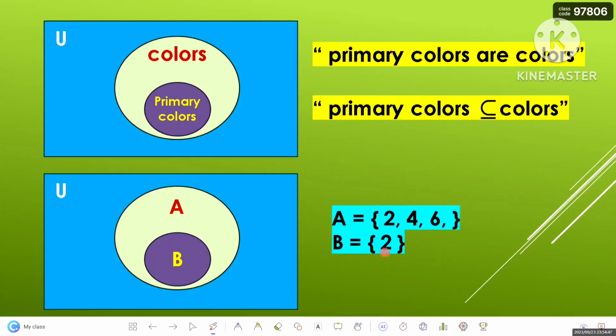So the subset of this B is 2. So the answer is B is a subset of A. Meaning, you see that B has the element 2 and set A also has the element 2. So we combine them. Therefore, set B is a subset of A because they have common elements.